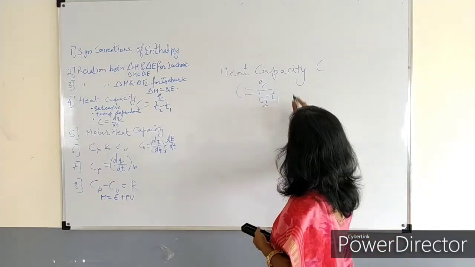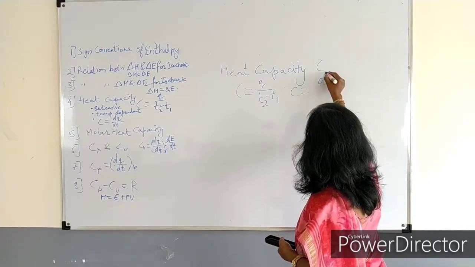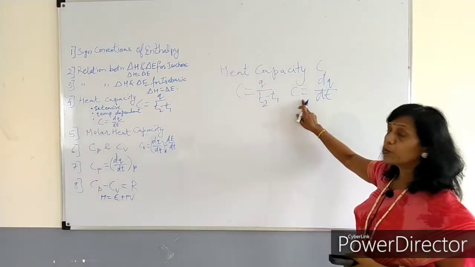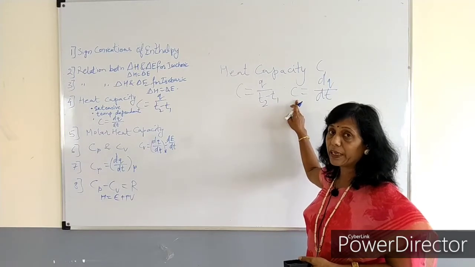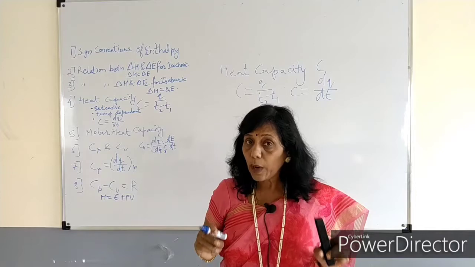So we can also write it as C is equal to dq by dt. What is that? C is equal to dq by dt. This is a very important equation, the mathematical expression for heat capacity. Why?